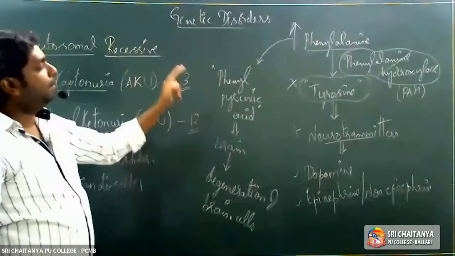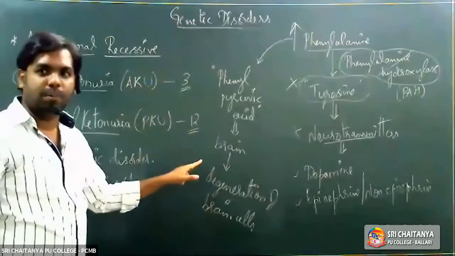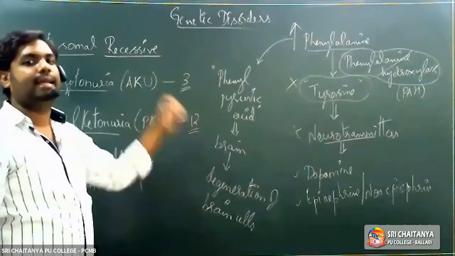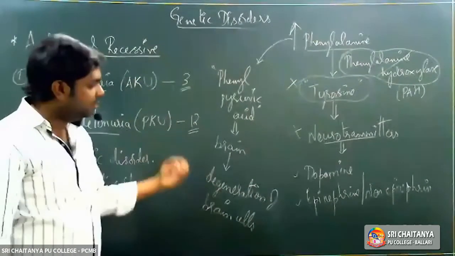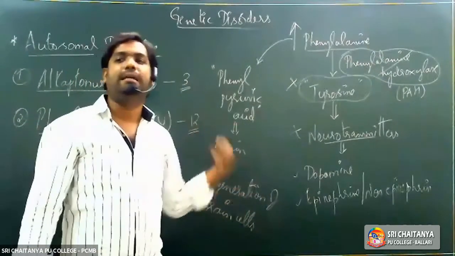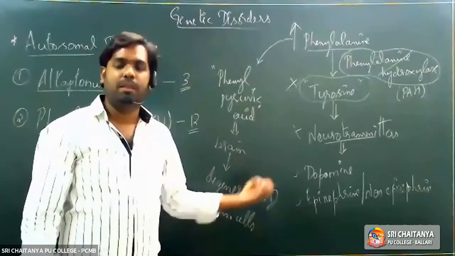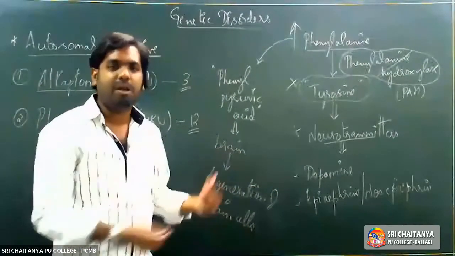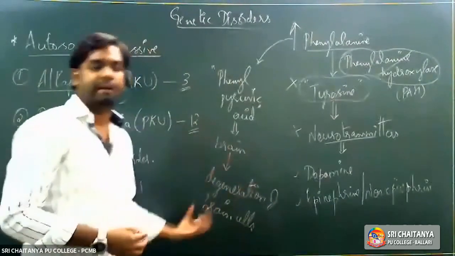Now, this phenylpyruvic acid will migrate to the brain, and in the brain, it would start degrading or degenerating the brain cells. Once the brain cells get degenerated, the mental stability of that individual is lost. Therefore, a person would be mentally retarded.